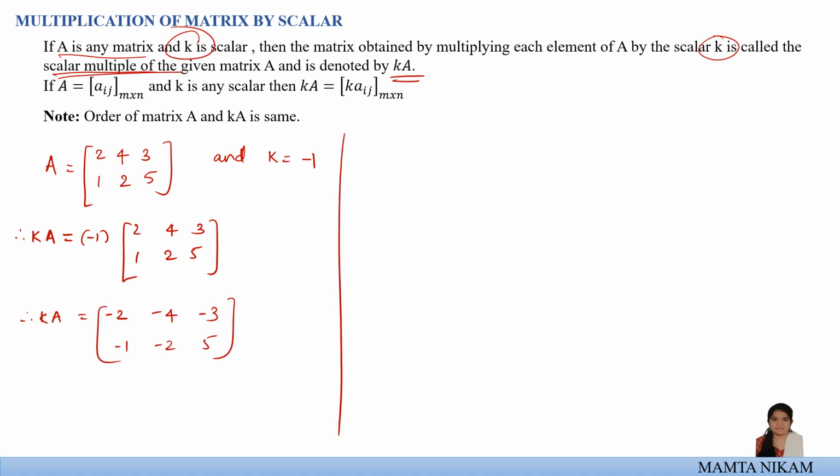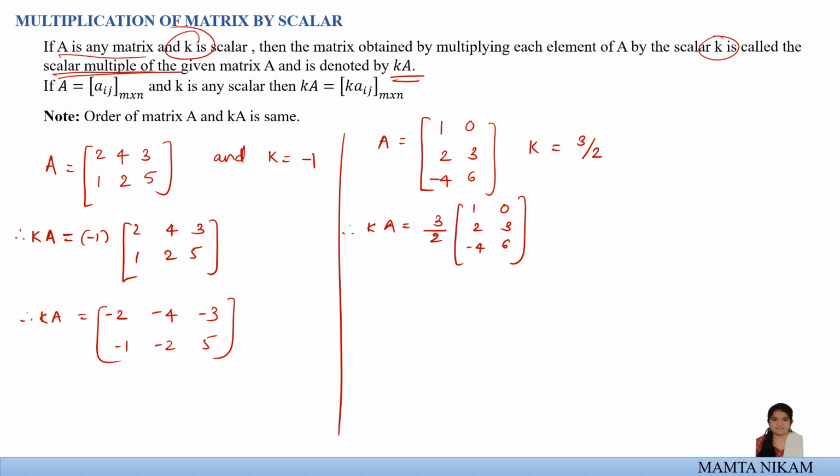So this K can be any term. Suppose we have matrix A equal to [1 0 2; 3 -4 6], and we have scalar say 3/2. So what will the scalar multiple be? The scalar multiple will be 3/2 times [1 0 2; 3 -4 6], and when you multiply this, each element will be multiplied, so the 2 cancels and 3 remains, and this becomes 9/2. This divided by 2 gives 2, 4 divided by 2 times -3, that is -6, and 6 divided by 2 is 3, 3 into 3 is 9.